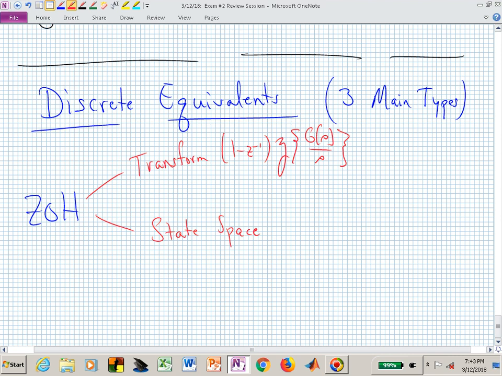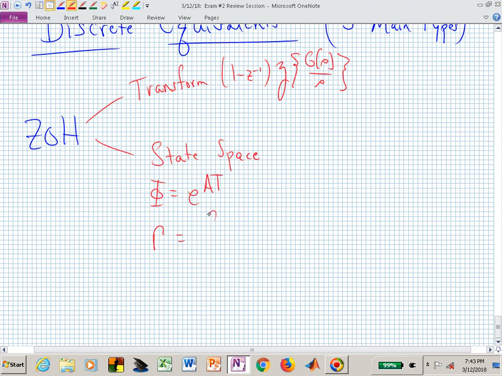But in the state space, we have phi is equal to e to the AT, and we can find that by hand or numerically, however we want to do it. And what is gamma? Gamma is this integral from 0 to T of e to the A mu. So if we had e to the AT, we could find e to the A mu. That gets multiplied by the input matrix in the continuous time, d mu.